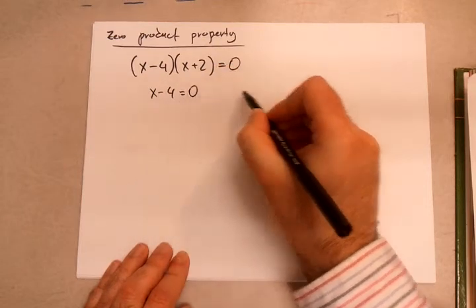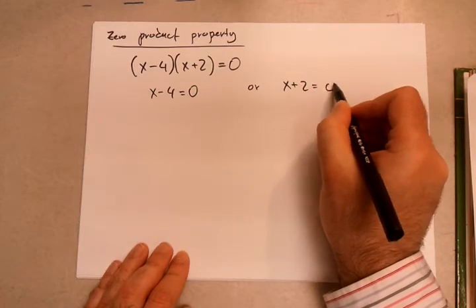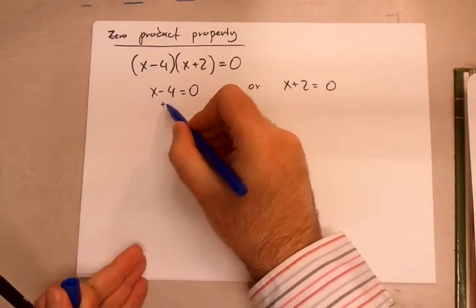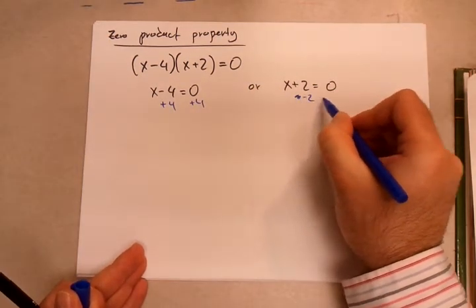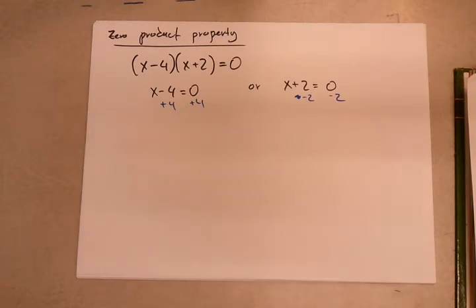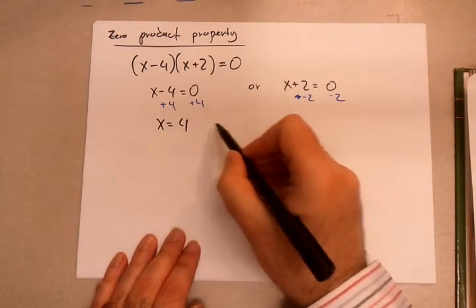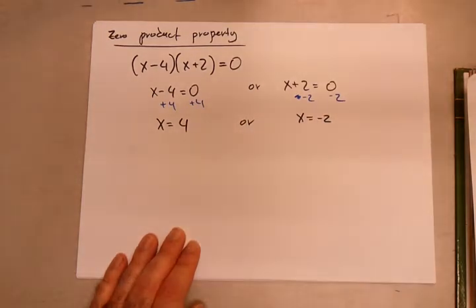Either x minus 4 has to be 0, or the x plus 2 is 0. Now that's done, all you have to do is a quick solution. Plus 4 to both sides here, minus 2 to both sides here. And we get x is either 4 or x is negative 2. They can't be both.